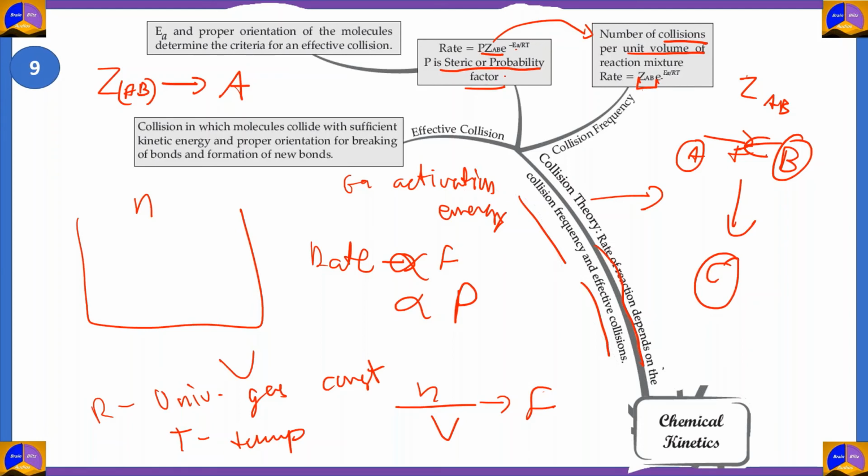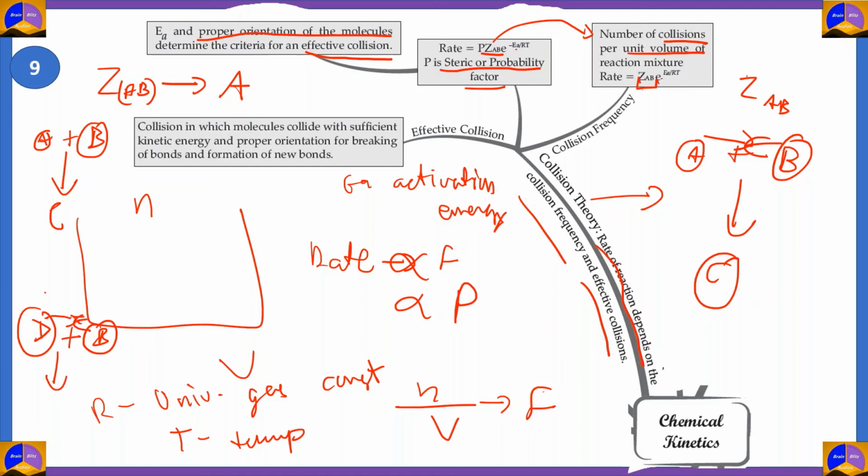So the reason why we calculate this is that in collision theory, the proper orientation of the molecules is needed for an effective collision. So suppose, say, A and B are in the correct orientations, they form C. But suppose A is like this and B is like this, then the collision is not perfect.